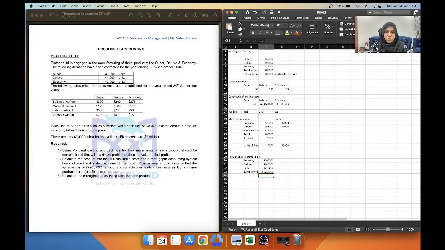Once you have the total contribution, then you subtract the fixed cost. So the fixed cost was 7 million.